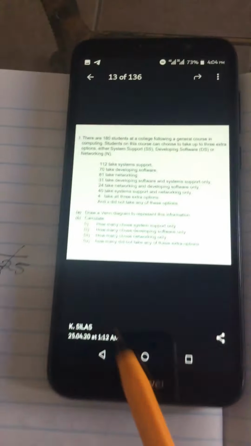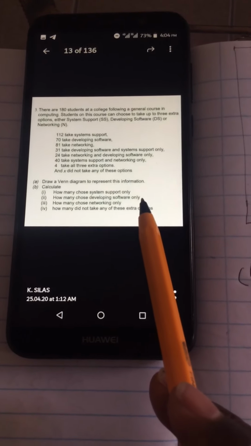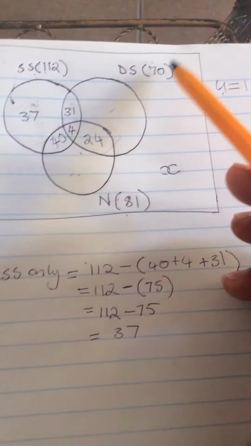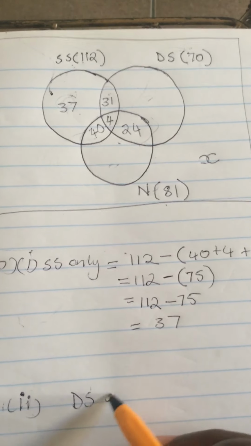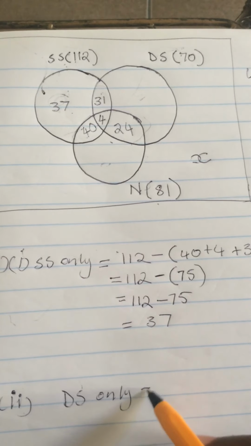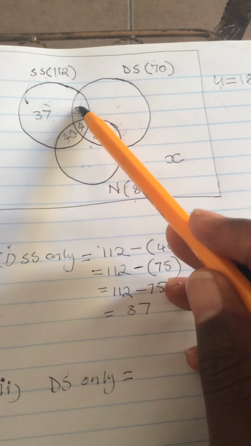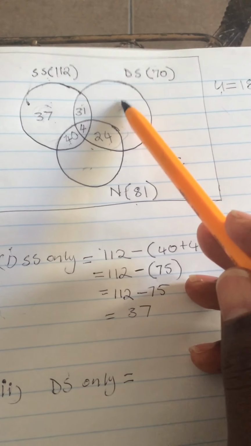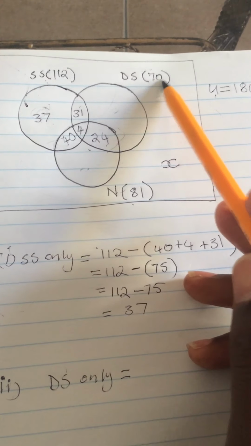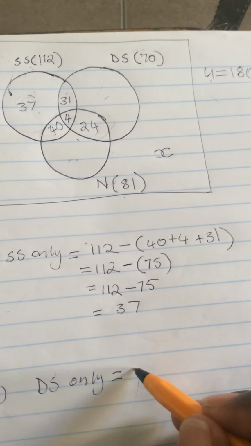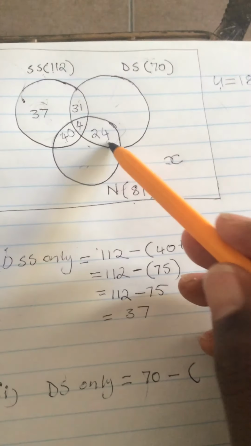They are saying that they want now how many chose developing software only. So you use the same approach. Development system only equals to, so I told you that this number plus this number plus this number, plus this for DS only, was supposed to add up to 70. So you say it's equal to 70 minus the sum of these numbers.